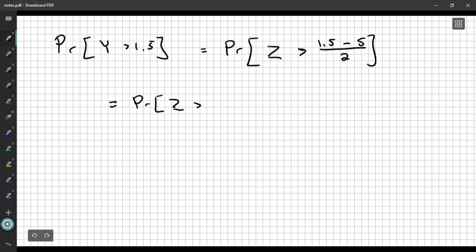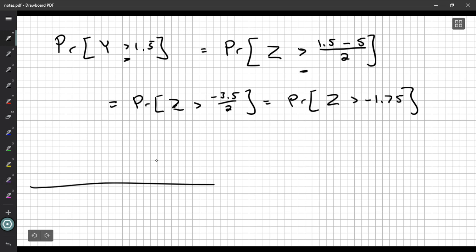So z needs to be bigger. Notice the sign here doesn't change. 1.5 minus 5 is negative 3.5. If you divide that by 2, 35 divided by 2 is 17.5, but we'll shift the decimal over. So we need z to be bigger than negative 1.75.